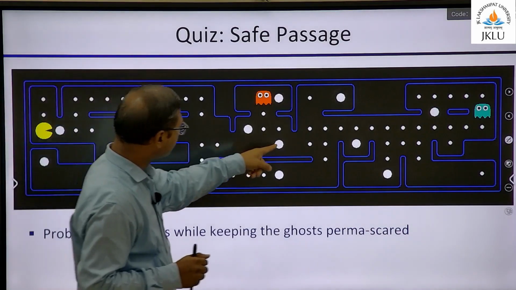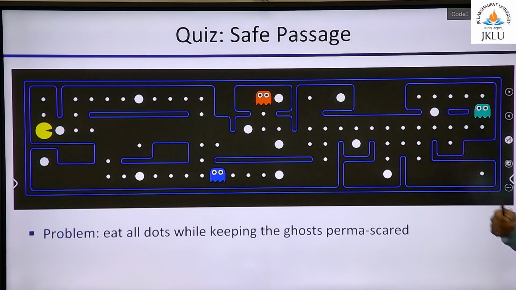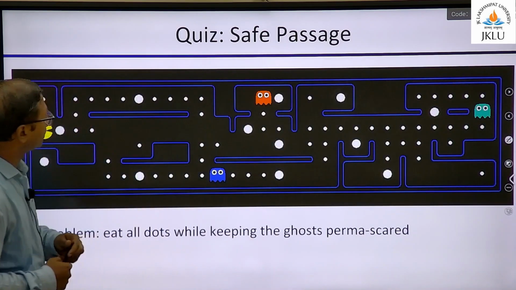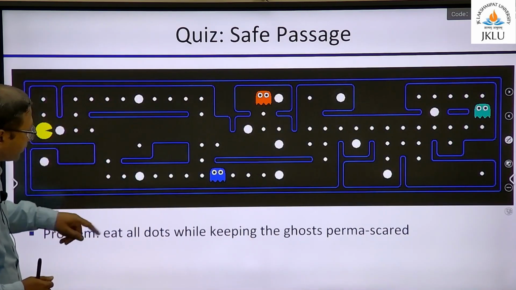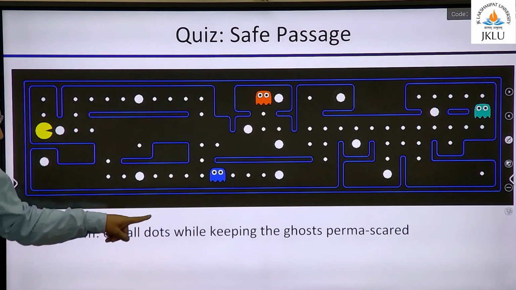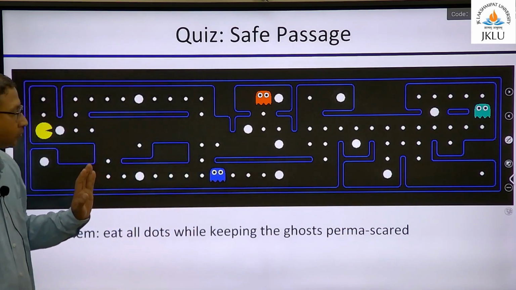So what are these bigger pellets? What happens if Pac-Man eats them? Right, right. So what is the problem? Eat all dots while keeping the ghost. What does it mean?